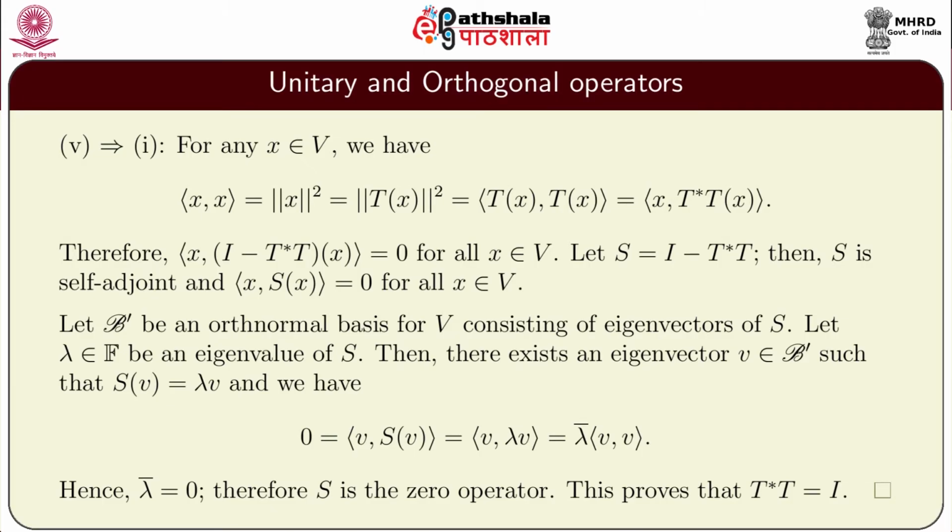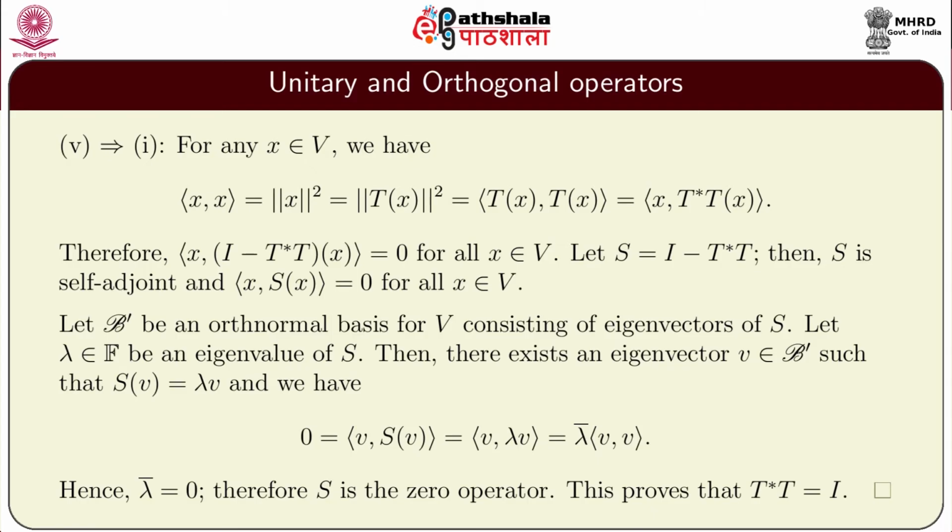Let B dash be an orthonormal basis for V consisting of eigenvectors of S. That is because S is self-adjoint, and therefore we do have an orthonormal basis for V consisting of eigenvectors, because it is diagonalizable.